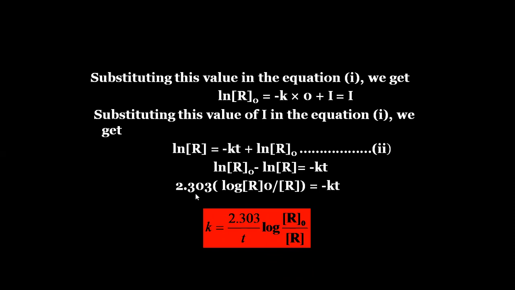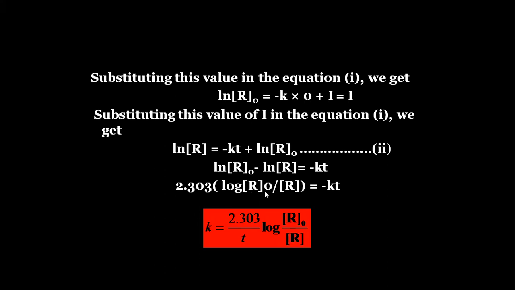Why am I doing that? Because it is log base e, which I am converting to log base 10, and when I convert to log base 10, the factor is 2.303. Log r naught minus log r is nothing but log r naught by r.